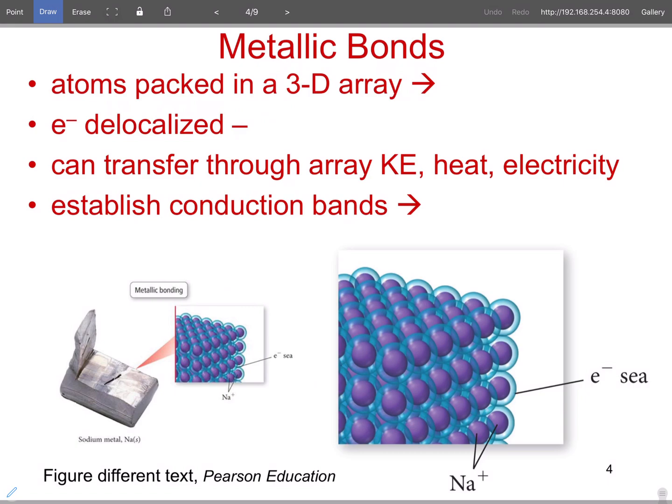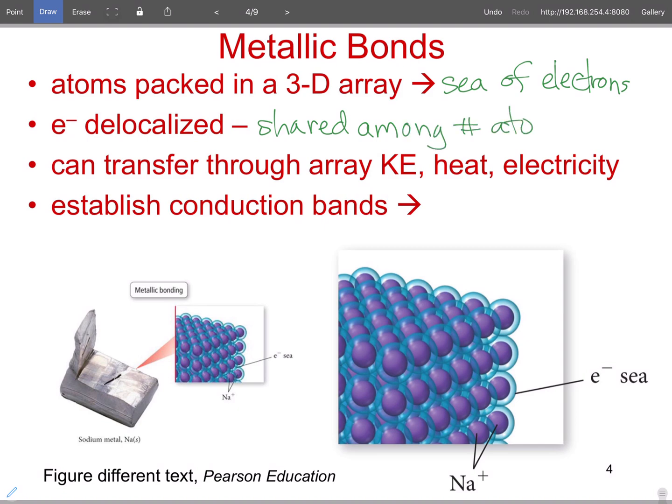In metallic bonds, atoms are packed in a 3D array. What that means is we're going to call it a sea of electrons. And the electrons are delocalized. That means that they're shared among a number of atoms. The easiest explanation of this is take a small aquarium, a square one, it could be a round one, don't care.